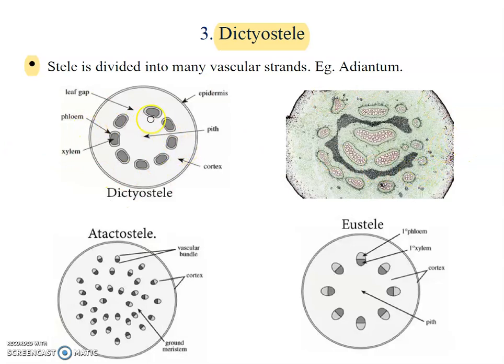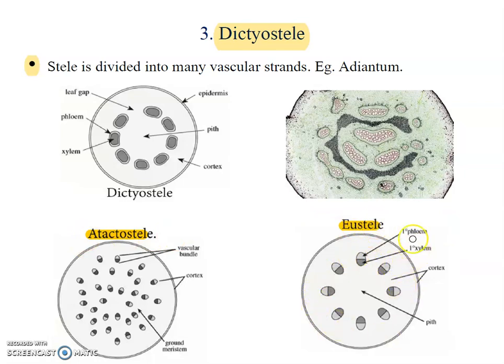So here in the dictyostele, leaf gap is single, but vascular bundles are divided into many groups, called dictyostele. Here in the ataxostele, what happened? Leaf gaps are many and vascular bundles are scattered in the stem section. Here scattered, it is called ataxostele, and eustele, they are in a ring.